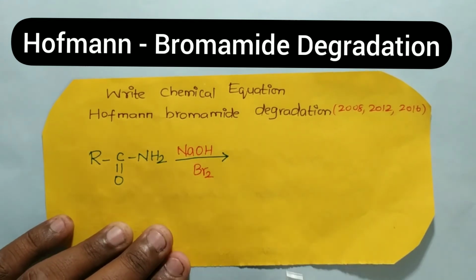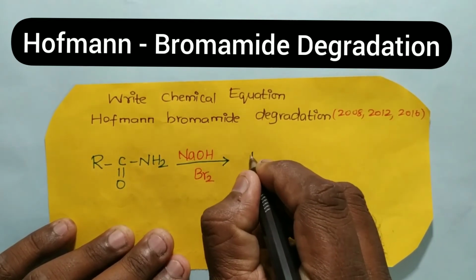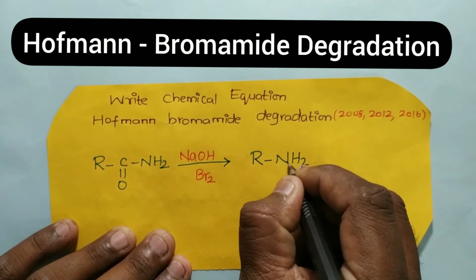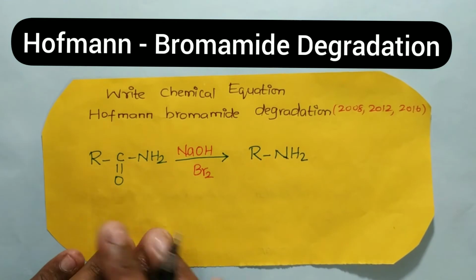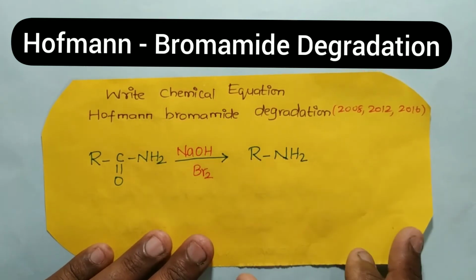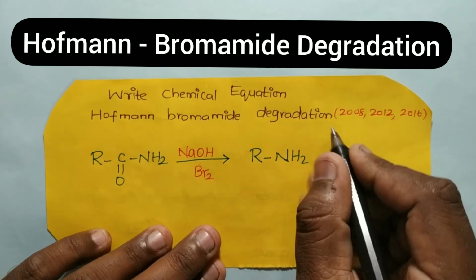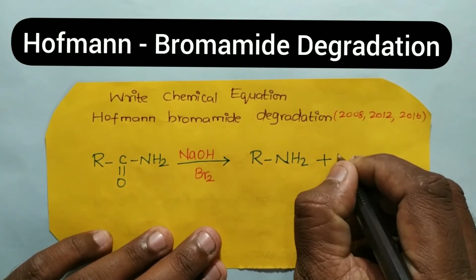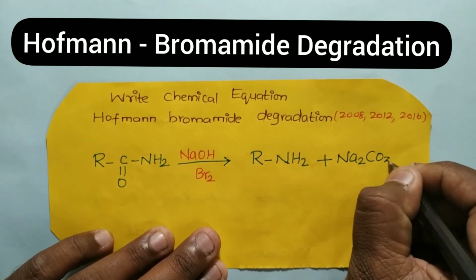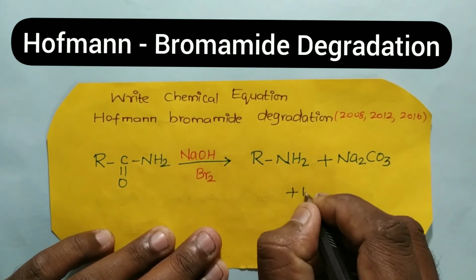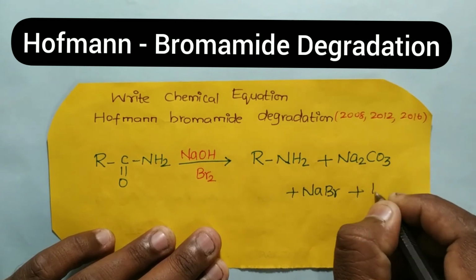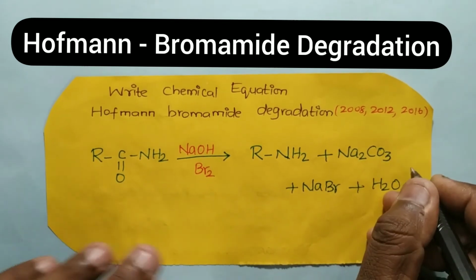At that time the product will be R NH2, an amine. For the conversion of amide into amine, I have to use the Hofmann bromamide degradation reaction. Along with that, I will get sodium carbonate, Na2CO3, along with sodium bromide and some amount of water. These are all the byproducts of this reaction.